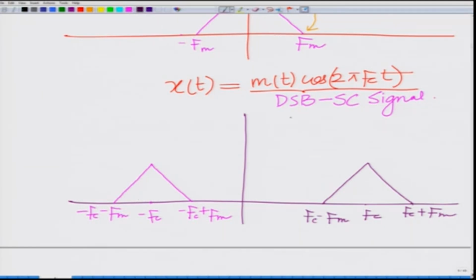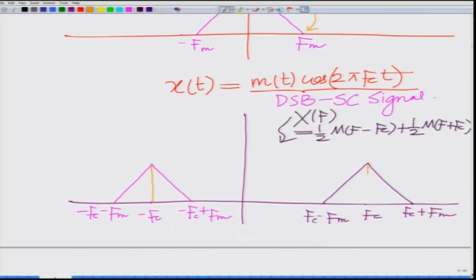And this spectrum is the spectrum of X(f), which is half M(f minus fc) plus half M(f plus fc). And what we have seen in this spectrum is that we have two sidebands which are symmetric.